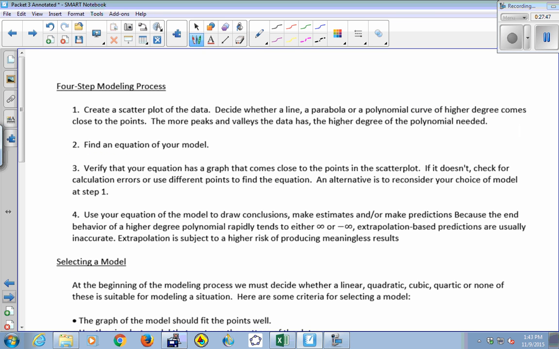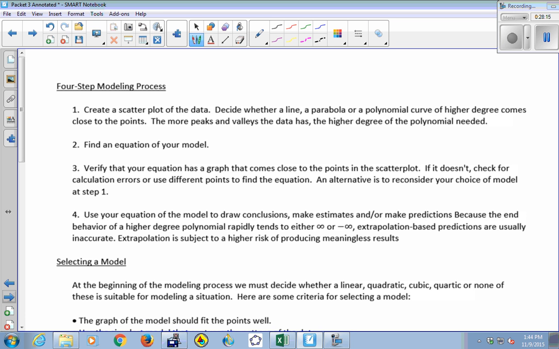Okay, so here's some step-by-step guidance on how to do modeling, right? First, create a scatter plot of your data. Use your calculator to look at the data, or you can just sketch it on a piece of graph paper. Decide whether you think it looks like a line or a parabola, or a more curvy polynomial would be a good fit. Okay. The more peaks and valleys your data has, the higher the degree has to be. Find an equation for your model.